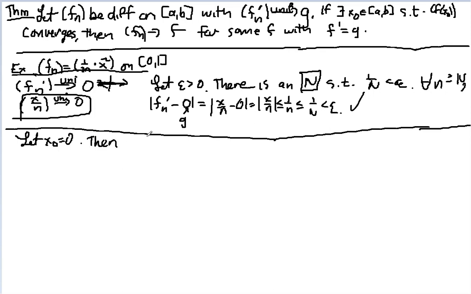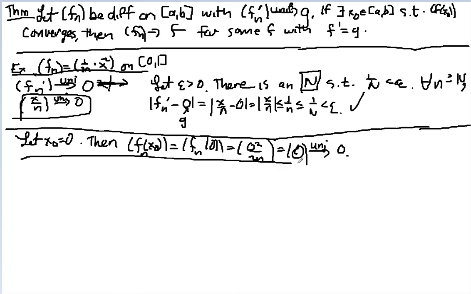Then I'm going to prove that converges. f_n of x naught equals f_n of 0, which equals 0 squared over 2n, which equals 0, which converges to 0, and you won't be surprised to learn that converges uniformly since 0 is the only thing there. So when you're using this theorem, you basically just need to prove these two things, and then you will know that f_n converges to f for some f with f prime equal to g.